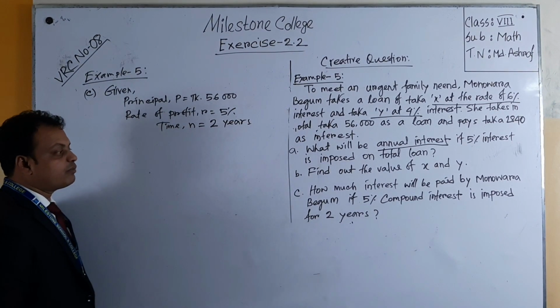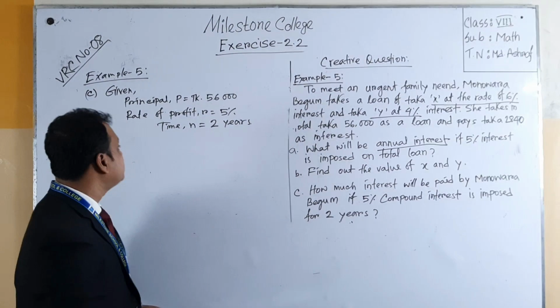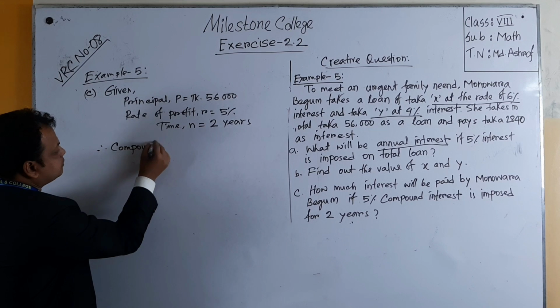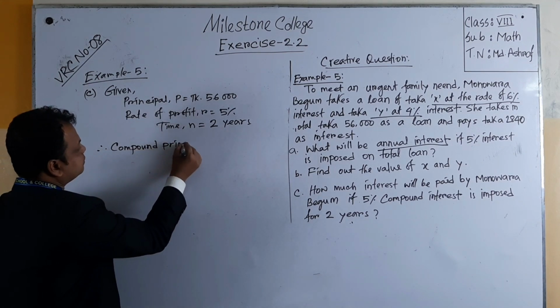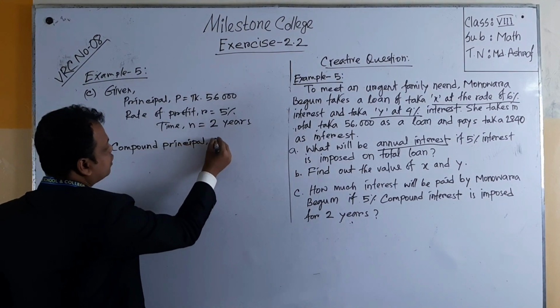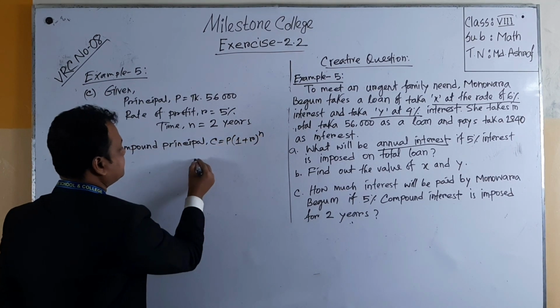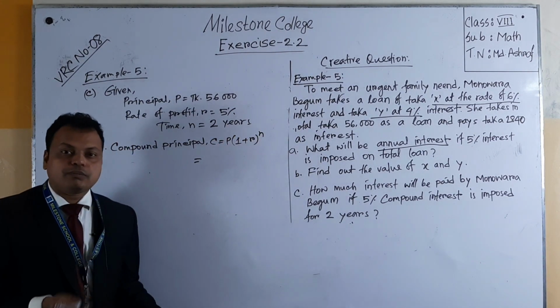From this we can find the compound principal. Therefore compound principal C equals P into (1 plus R) power N. So this is the formula. Now you can solve it on your own.